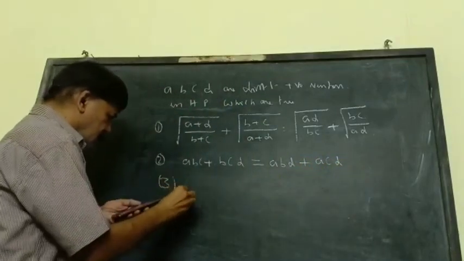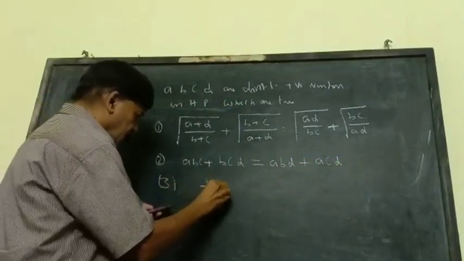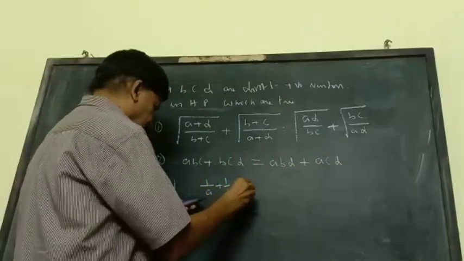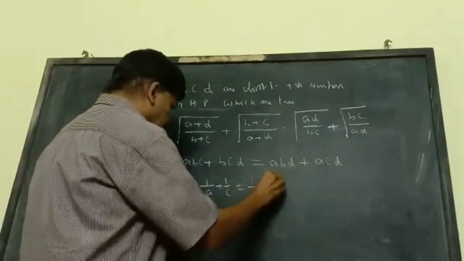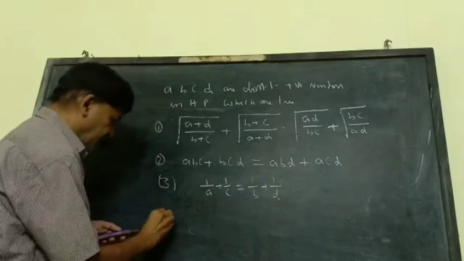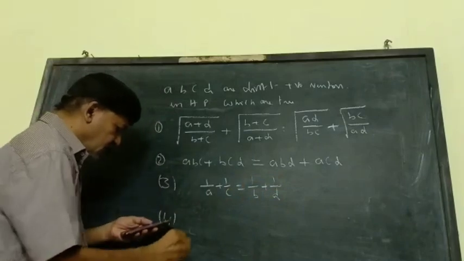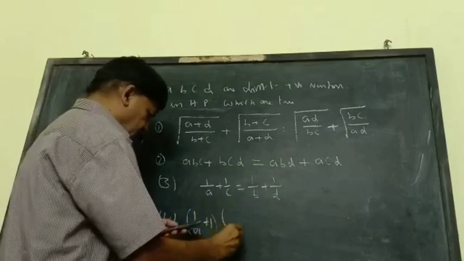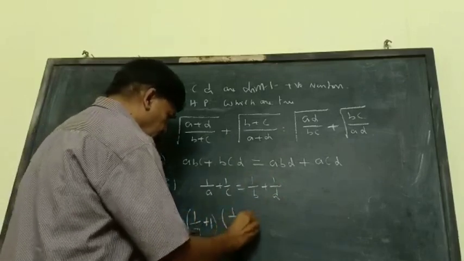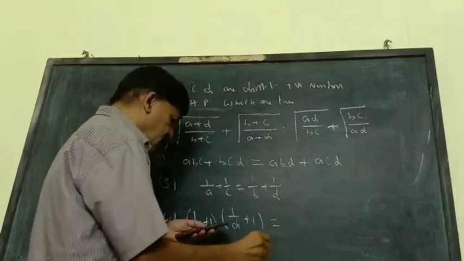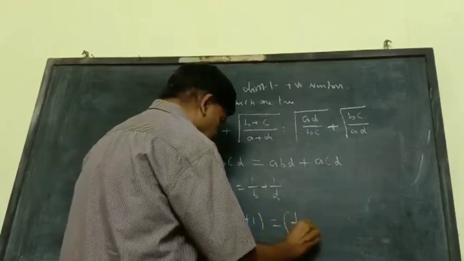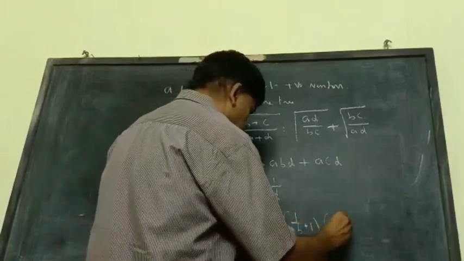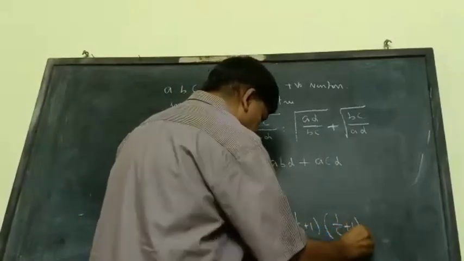The third one is 1 by A plus 1 by C is equal to 1 by B plus 1 by D. The fourth one is (1 by A plus 1) into (1 by D plus 1) is equal to (1 by B plus 1) into (1 by C plus 1).